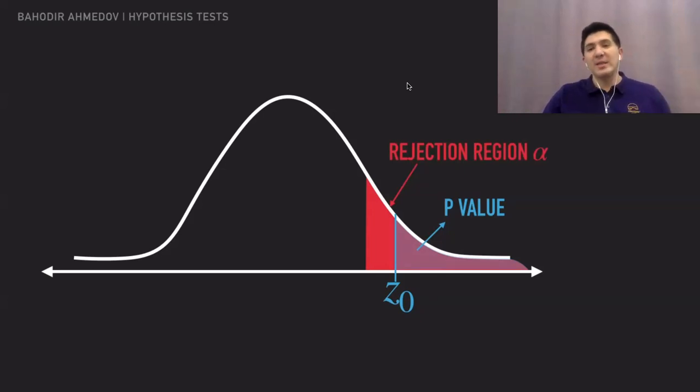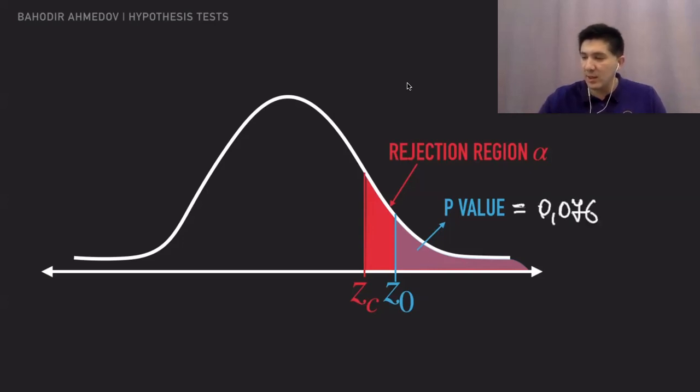The idea of not calculating it would be to just calculate the Z which corresponds to this red area. In our previous example, the p-value was about 0.0764, and this Z was equal to 1.43, right?